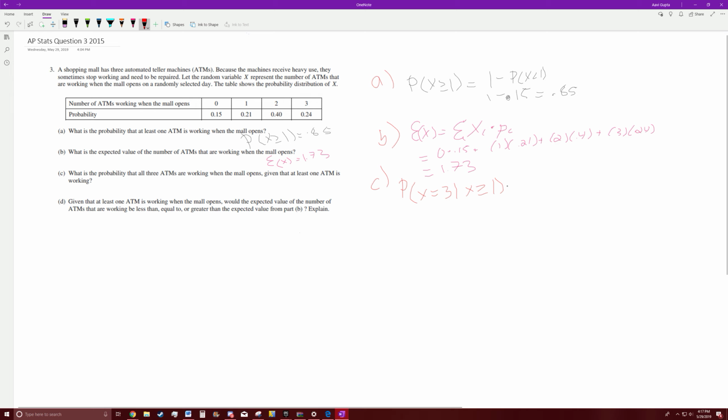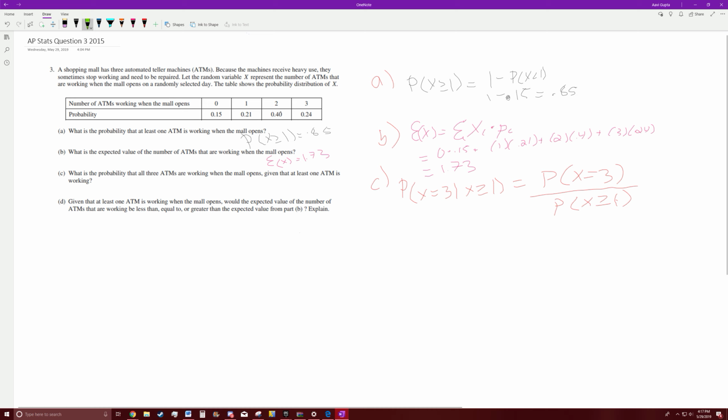Well, this is just simply equal to the probability. See, this notation, this straight dash line is basically a fraction. So like this, probability that x is equal to 3 divided by the probability x is greater than or equal to 1. Well, this value, we actually know this value.